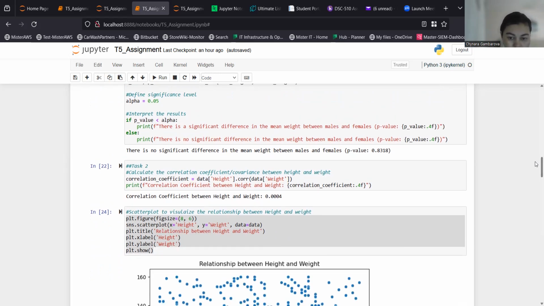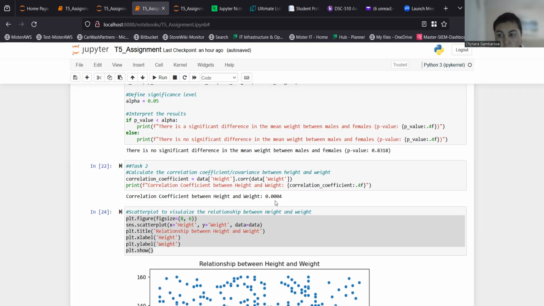So here I calculated it by using a correlation function, and as you can see, the correlation is 0.0004. And as we know, correlation can vary between -1 and +1.